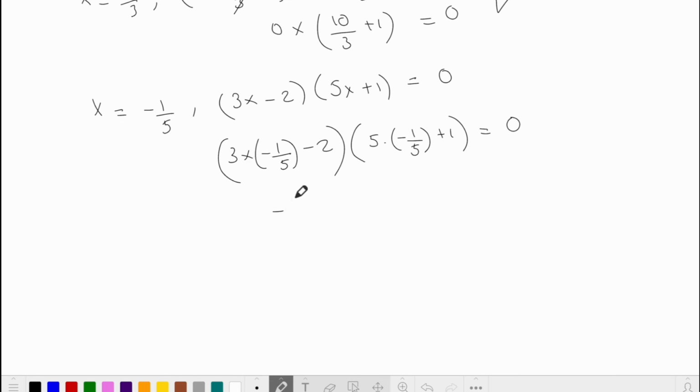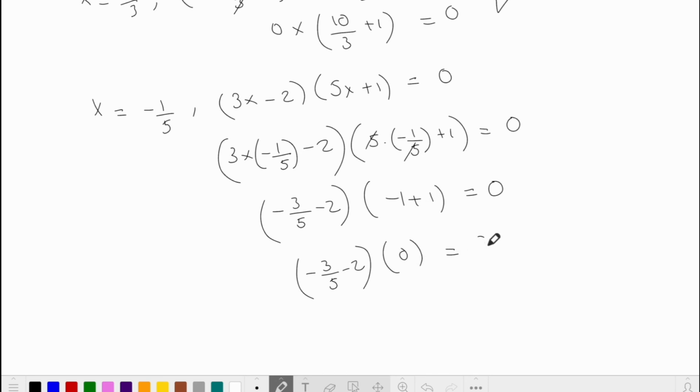So here we have negative 3 by 5 minus 2, and here we have 5 and 5 cancelled out. So we have negative 1 plus 1 is equal to 0, and here negative 3 by 5 minus 2, and negative 1 plus 1, we get 0 is equal to 0.